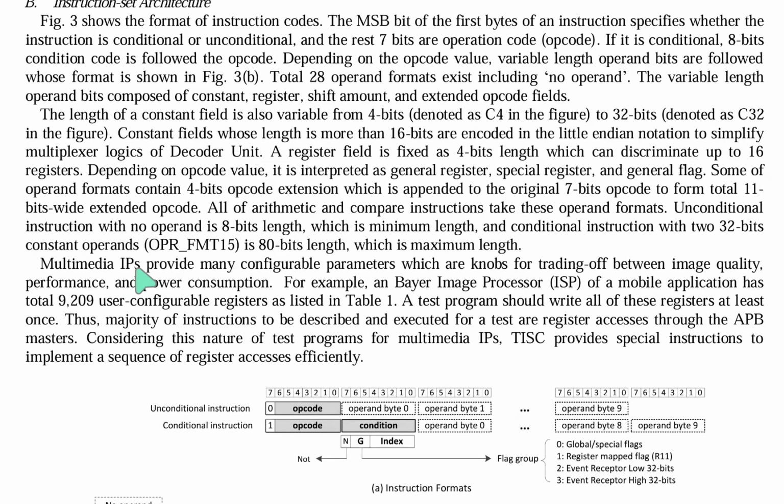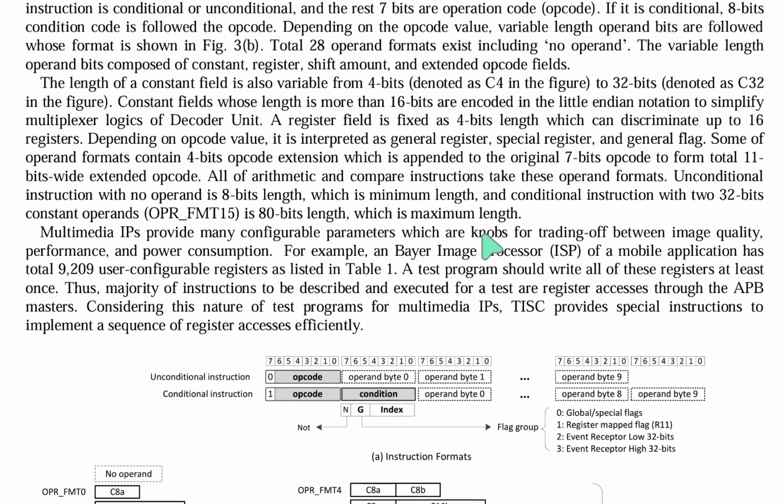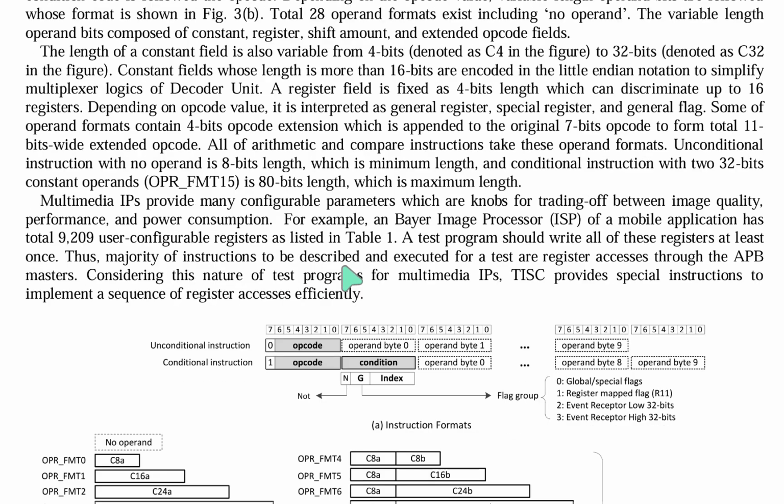Multiple IPs provide many configurable parameters which allow for trading between image quality, performance, and power consumption. For example, the Bayer image processor ISP of a mobile application has a total of 9,209 user configurable registers as listed in Table 1.